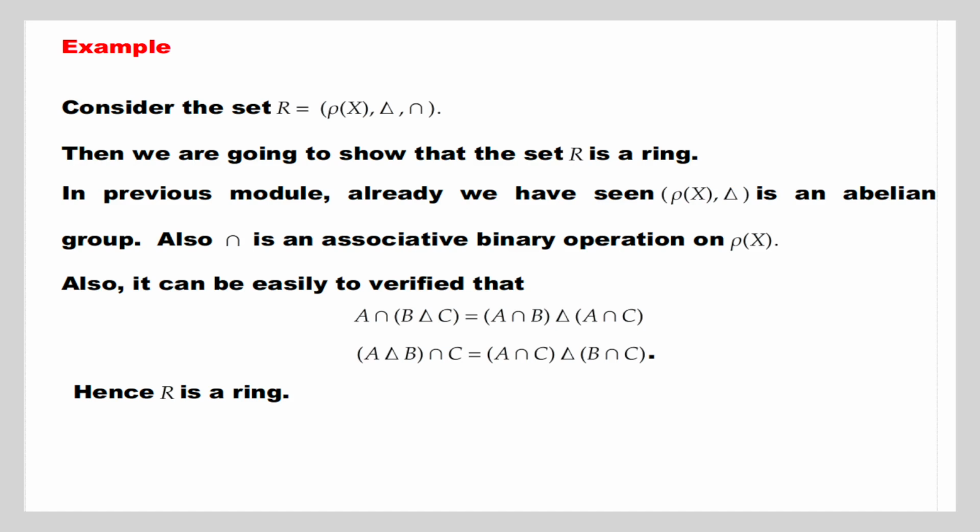Also, intersection is an associative binary operation on P(X). Also, it can be easily verified that A ∩ (B Δ C) = (A ∩ B) Δ (A ∩ C) and (A Δ B) ∩ C = (A ∩ C) Δ (B ∩ C). Hence, R is a ring.